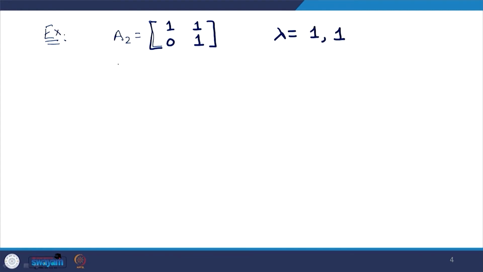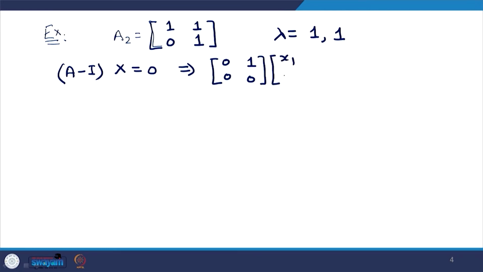Now, for the eigenvector corresponding to lambda equals 1, I can write (A minus lambda I) x equals 0, where lambda is 1 here. So, 1 minus 1 is 0, 1, 0, 0, and then x is a vector in R2, (x1, x2) equals (0, 0).